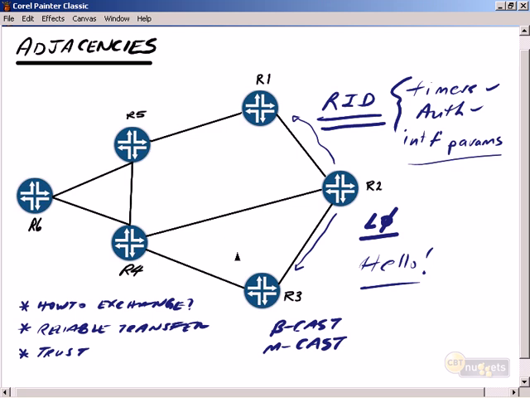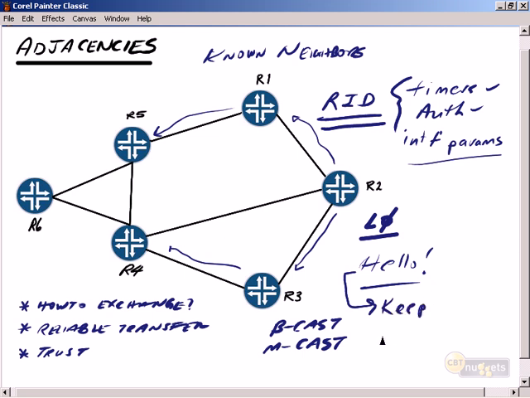Now, one thing that will happen is that when router 3 sends a hello packet to router 4 and router 1 sends a hello packet to router 5, it's going to say, hello, I'm router whatever, RID. These are my known neighbors. Now, after all the neighbors in these domains create their adjacencies and they know about each other, from this point on, the hello packets that are sent are going to serve as keep alives to make sure that the link is alive, to make sure the peer is still there and operating.